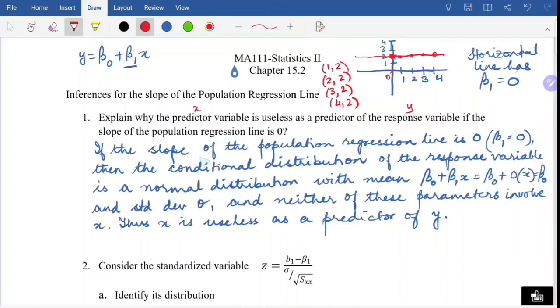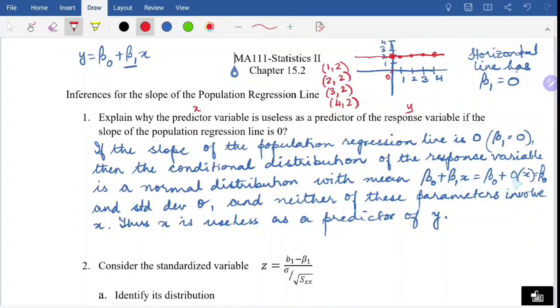It says, if the slope of the population regression line is 0, that means if beta sub 1 equals 0, then the conditional distribution of the response variable is still a normal distribution, but look at the mean. It will have a mean of beta sub 0 plus beta sub 1 times x.